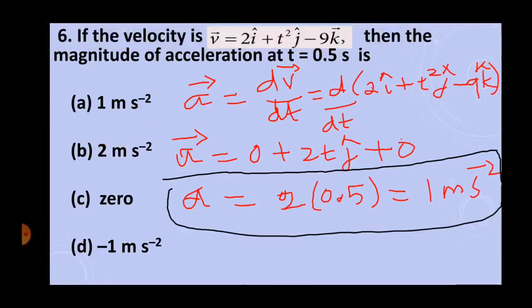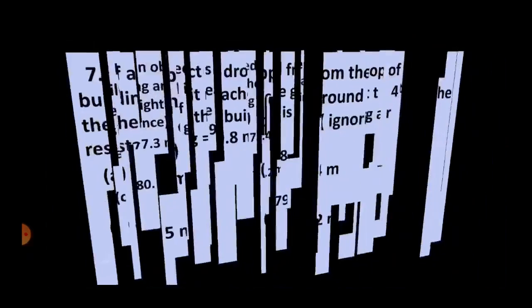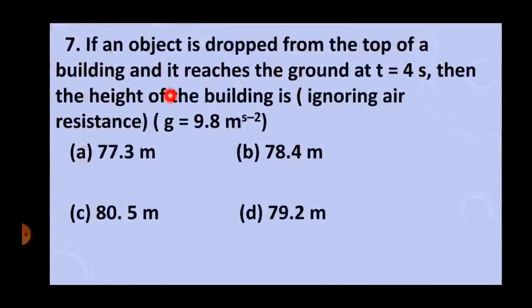Okay, next is 7th problem. If an object is dropped from the top of a building or tower and it reaches the ground at a time t is equal to 4 seconds, then what is the height of the building? Air resistance is neglected. Acceleration due to gravity is given as 9.8 meter per second square.